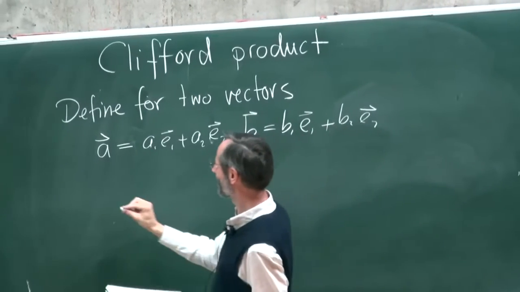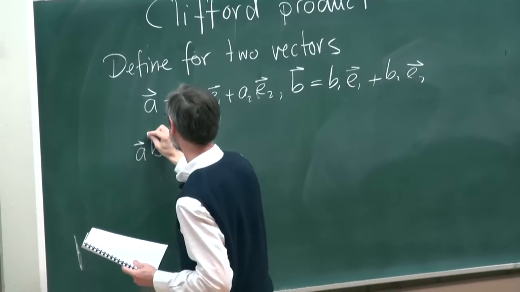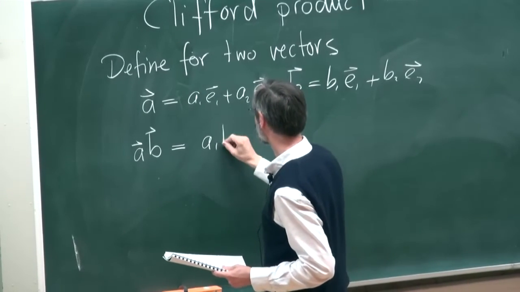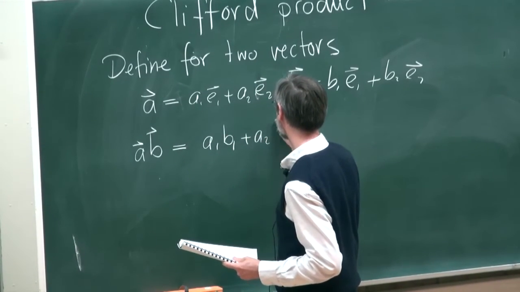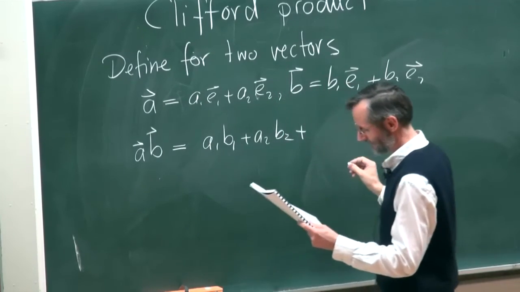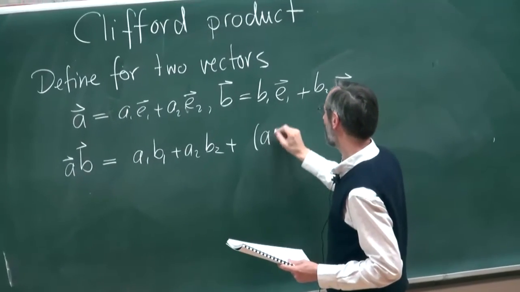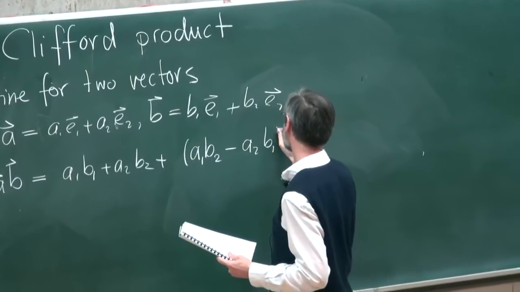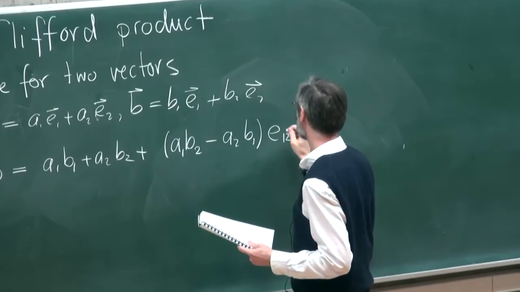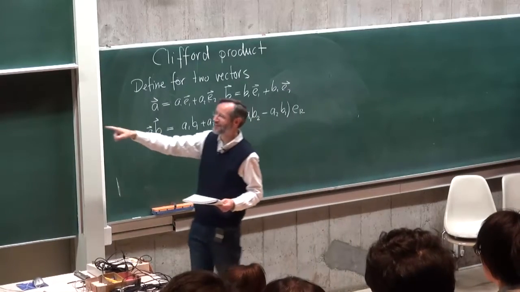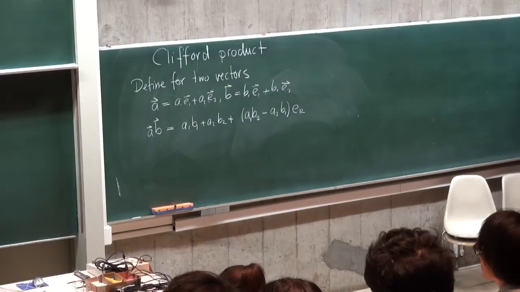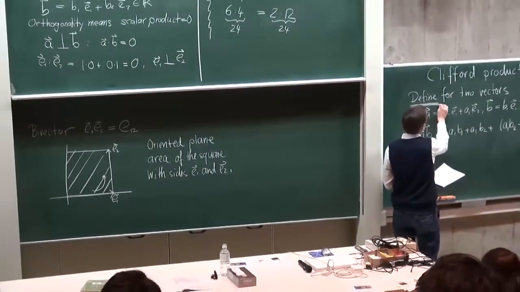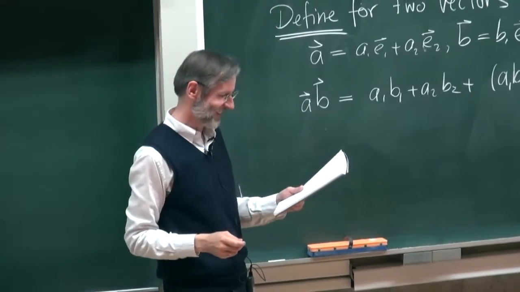Then the Clifford product AB of these two vectors is A1 B1 plus A2 B2 plus A1 B2 minus A2 B1 times E1,2, and this is this bivector here. Yeah, and so at the moment I just define it like that.